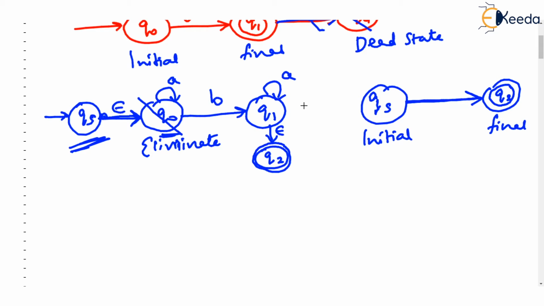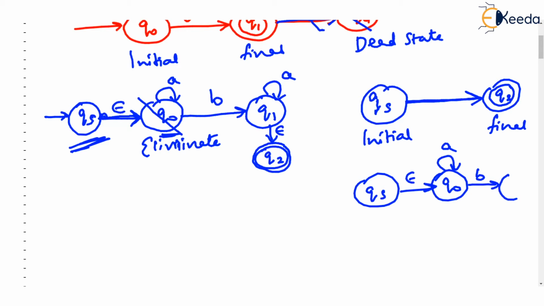You can clearly see there is a path from QS to Q1. I'll draw it again over here. QS has epsilon to Q0. Q0 has a loop on A, and then you can go on a transition with B to Q1. Q1 has a loop on A.